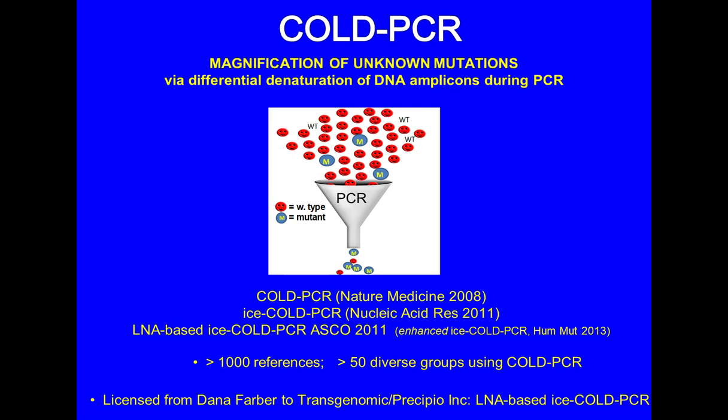There are more than 1,000 references in the literature on COLD-PCR if you check Medline, and there are at least 50 different groups around the world that have used the technology for their own needs and adapted it. And in terms of commercial application, the technology has been licensed to Transgenomic and Precipio, companies that have merged now.